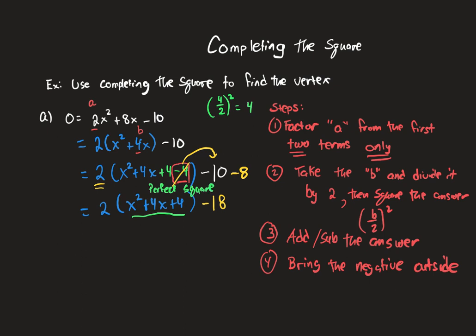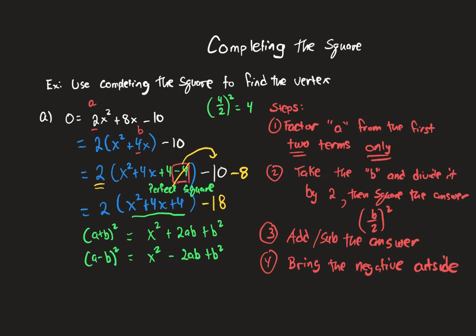It falls under the perfect square formula, which is a squared plus 2ab plus b squared. And when we have that, we know that we can always turn it into a plus b squared. And if this was a negative, into a minus b squared.